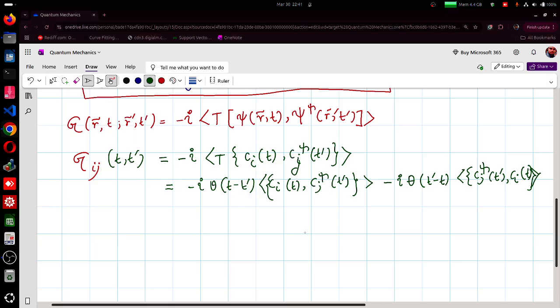What does this thing imply? If t is greater than t', then this term only exists, and if t' is greater than t, this term will exist.